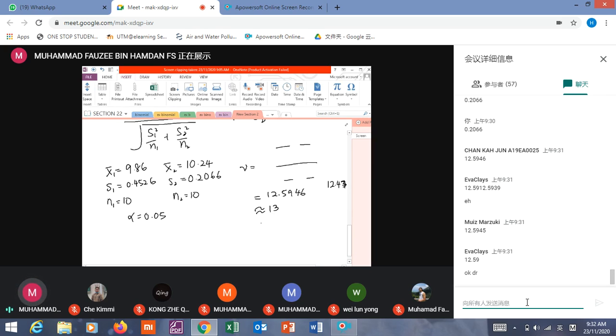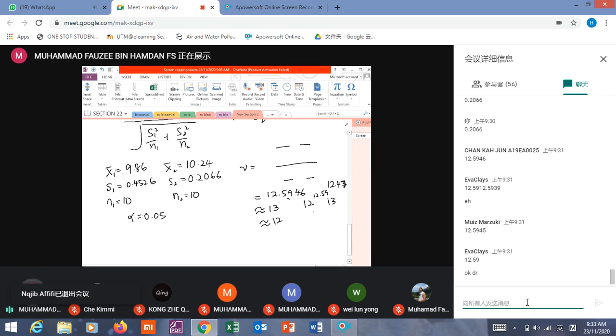Some books say go to the nearest lower integer between 12 and 13, so take 12.